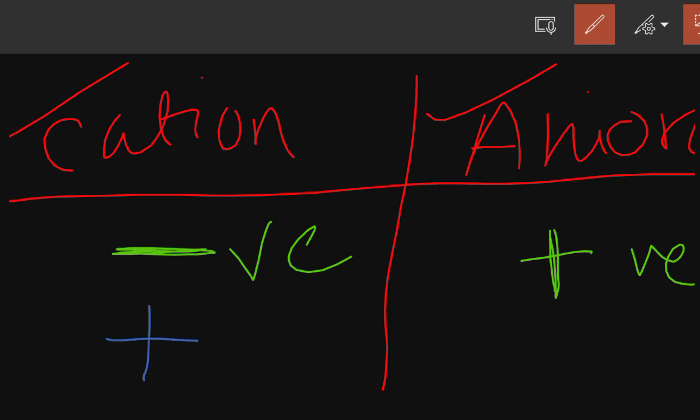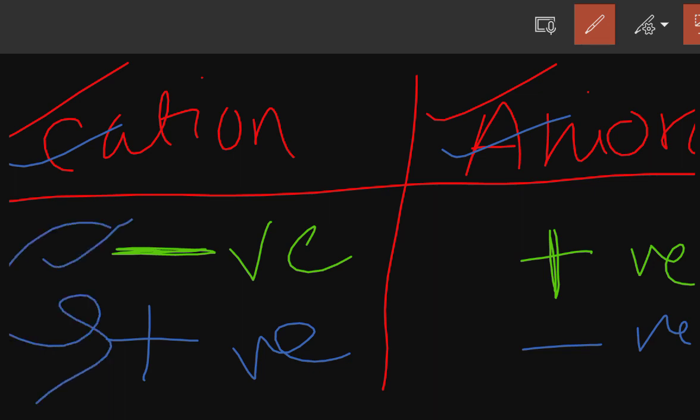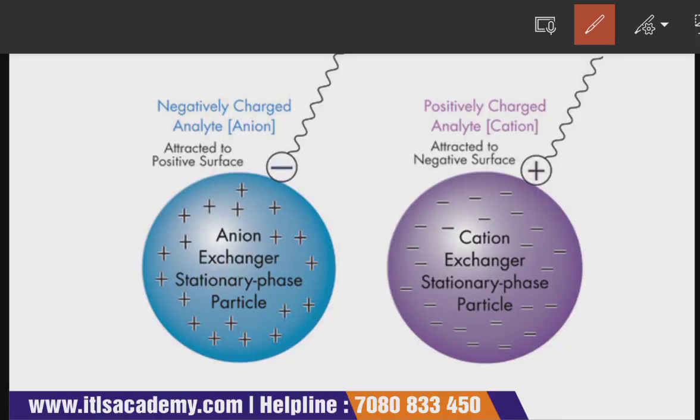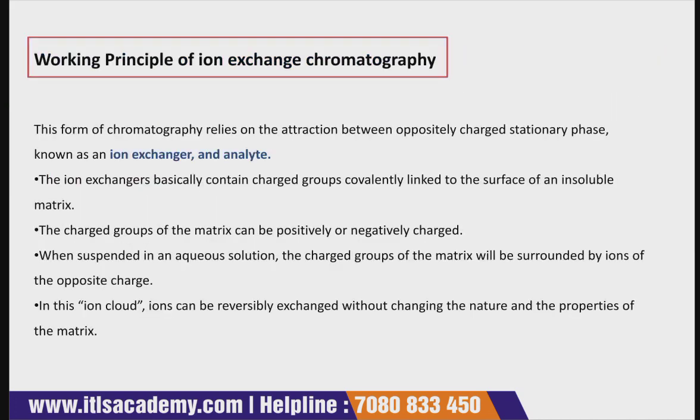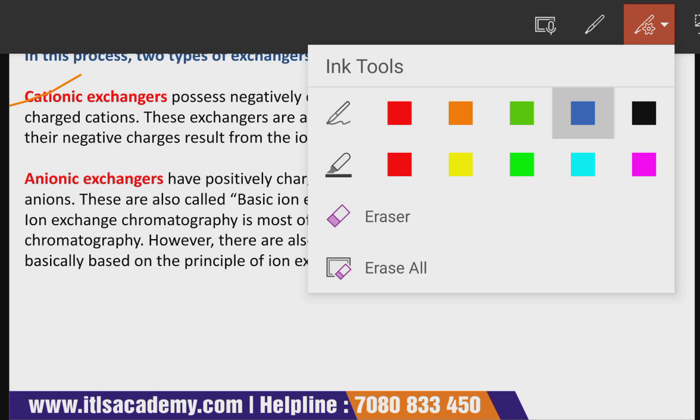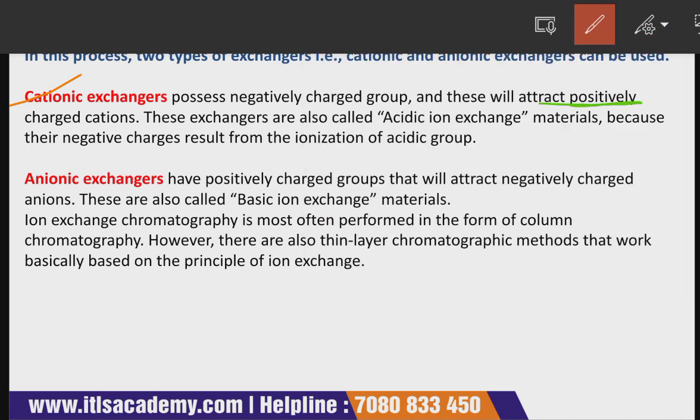They attract the positive ones, and the anions attract the negative ones. Since cations are negative in nature, they attract the positive ones, and since anions are positive in nature, they attract the negative ions. Now clear? Moving further, the cation exchangers possess negatively charged groups and attract the positively charged cations.